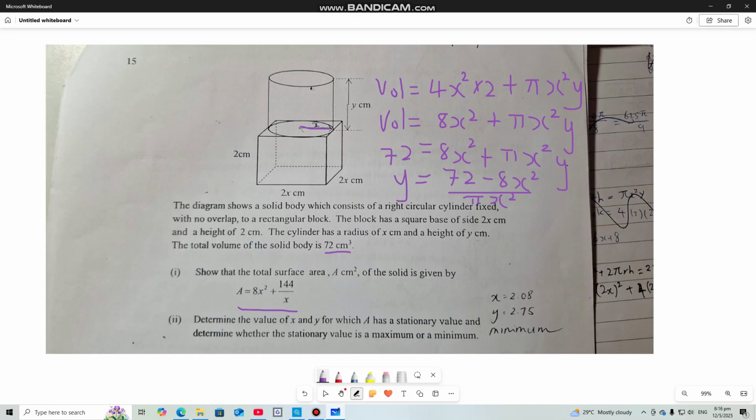So of course, if let's say now I need to show that the total surface area is as they have shared with us, the very first thing is of course we need to know what exactly the total surface area is. It's rather tricky over here because we have to account for certain aspects of this.